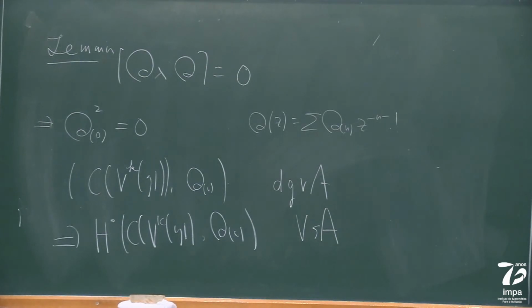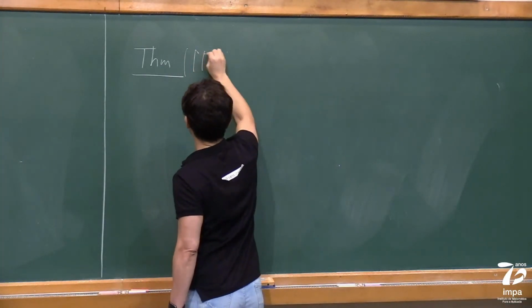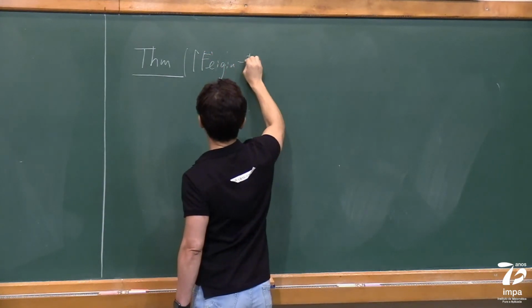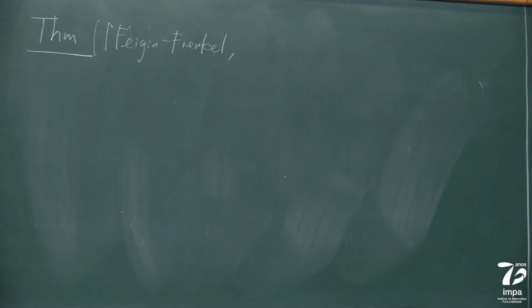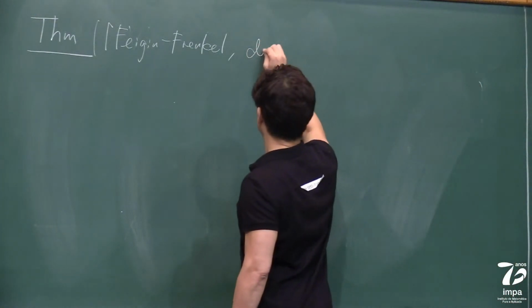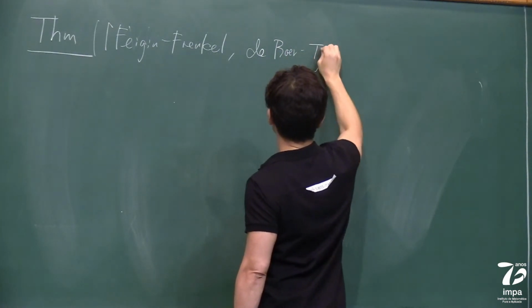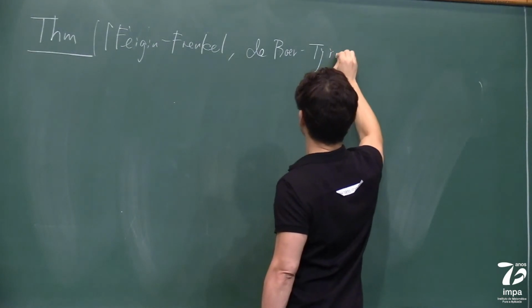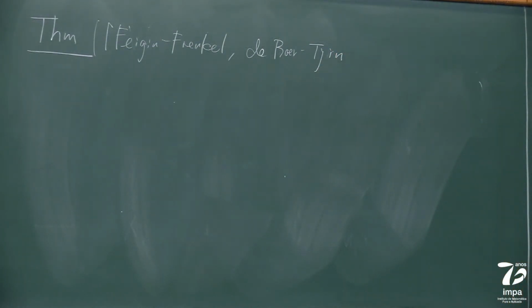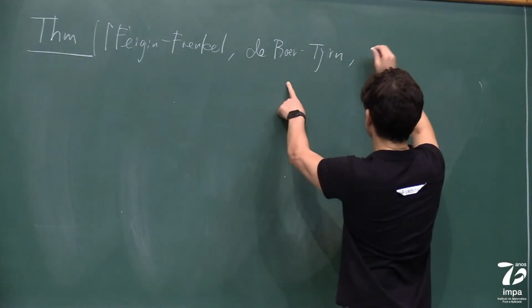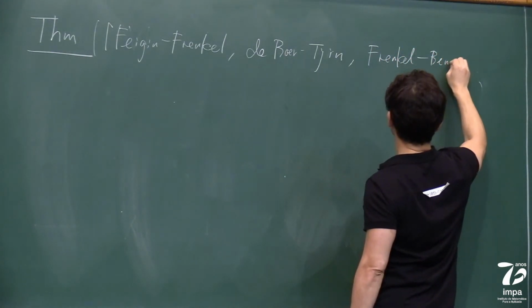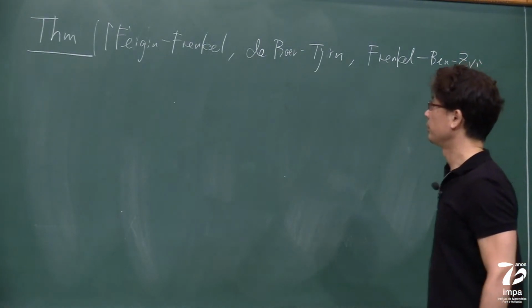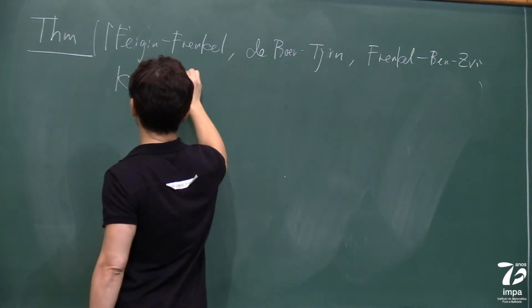So this was first proved by Feigin and Frenkel for principal nilpotent element and for generic k, and then De Boer and Tjin for principal nilpotent element for type A, and then Frenkel, Kac and Wakimoto for principal nilpotent element, and finally Kac and Wakimoto for all cases.